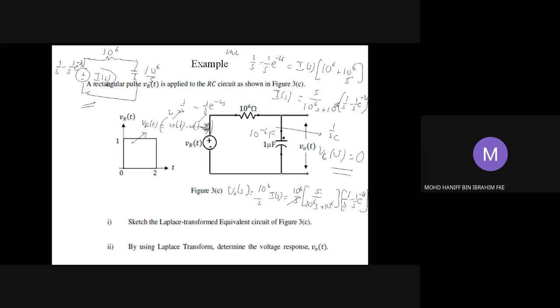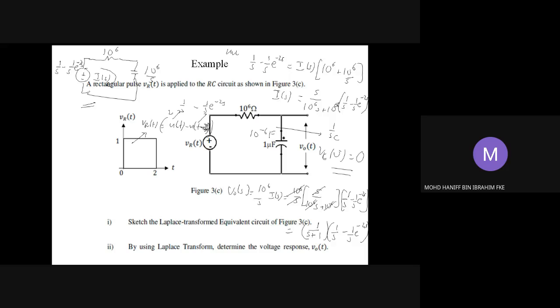So this S and this S can be cancelled out, and the 10 power of 6 as well. So we're going to have 1 over S plus 1 multiplied with 1 over S minus 1 over S exponential negative 2S.